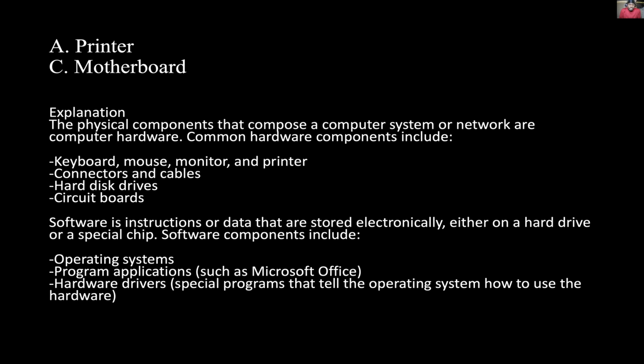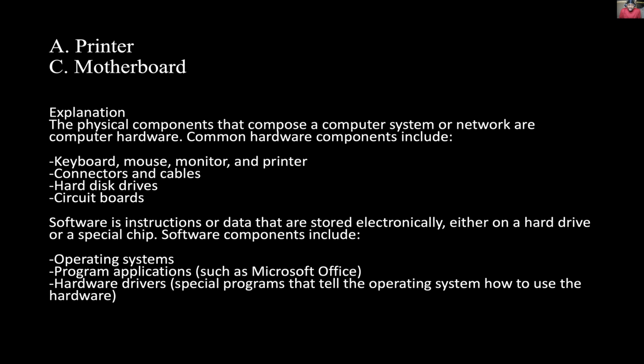Explanation: these physical components that compose a computer system or network are computer hardware. Common hardware components include keyboard, mouse, monitor, and printer, connectors and cables, hard disk drive, circuit boards.